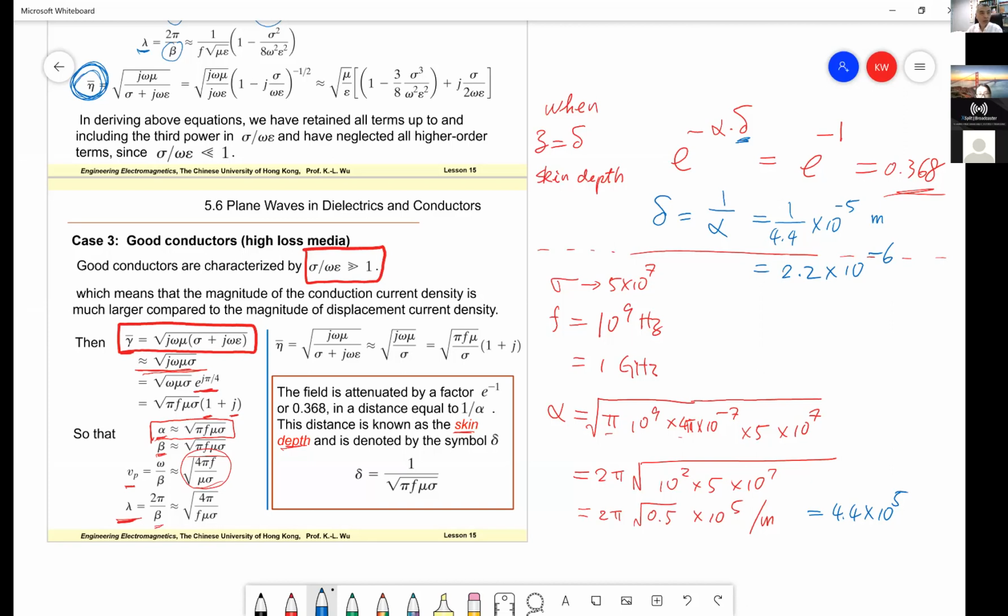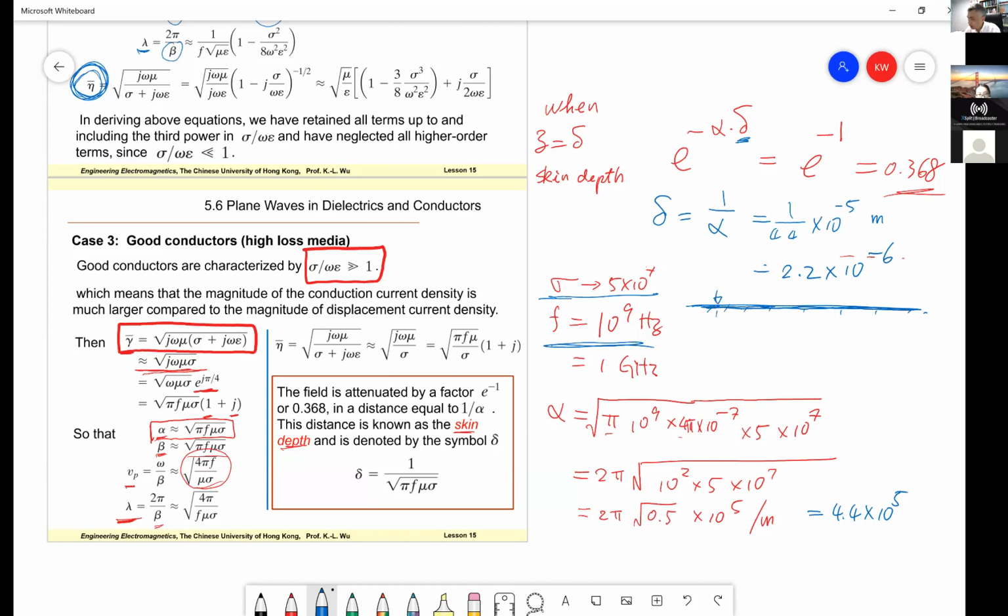So at this frequency for a conductor, this is how much the wave can penetrate into the surface. Let me redraw this surface, I'd like to leave this number here. So we have a conductor, but the electromagnetic wave can penetrate only so thin.